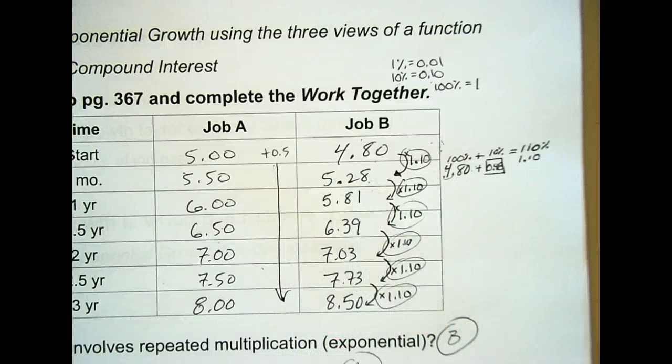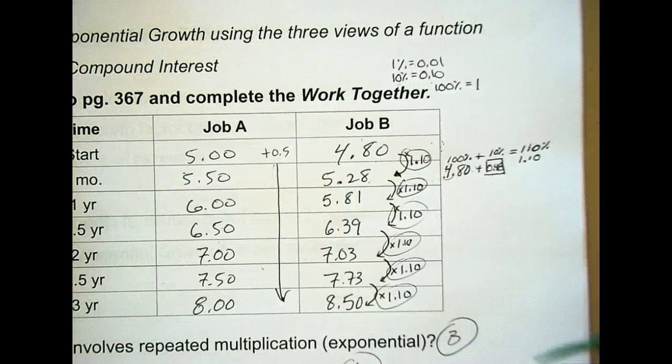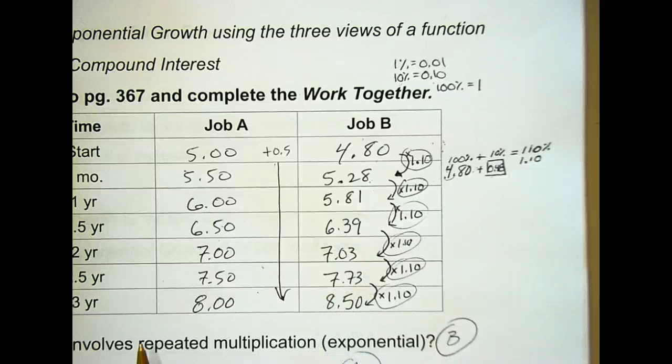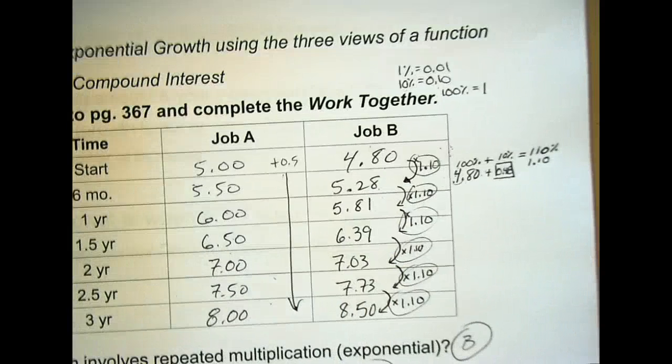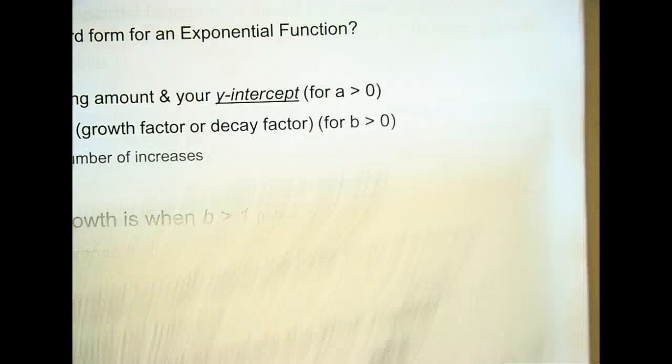Because you're adding in one and multiplying in the other. Okay, why is Job A linear? You're adding. Job B, you're multiplying. Is A arithmetic or geometric? Arithmetic. B is geometric. All right. Any questions? No, sir. Okay. Very good. Moving on.